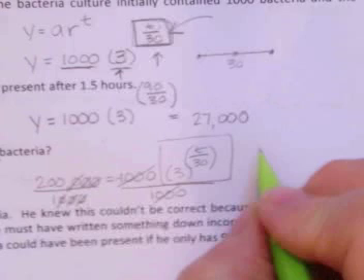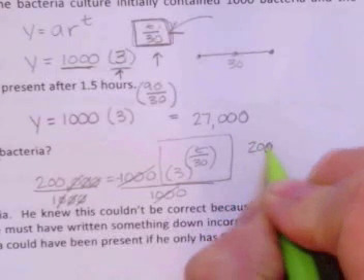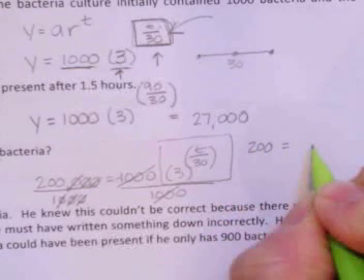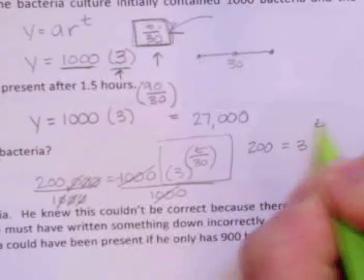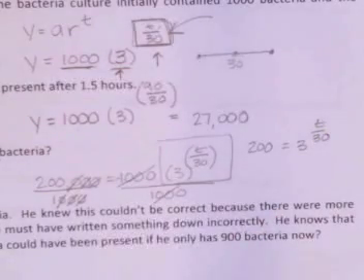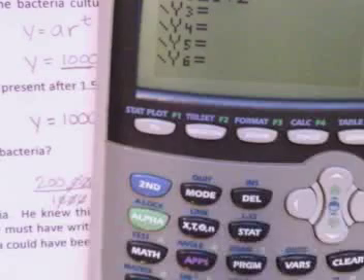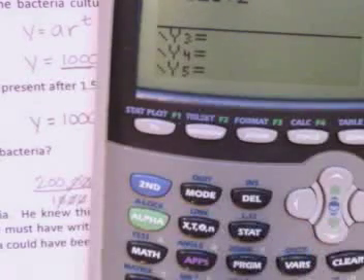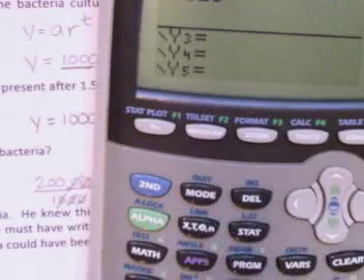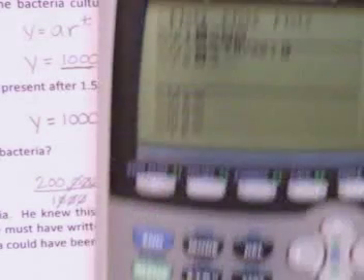We're going to use our calculator to solve this. Okay, so into y1, we're going to put 200. And into y2, we're going to put 3 to the x divided by 30. Notice I have to put that fraction in parentheses.